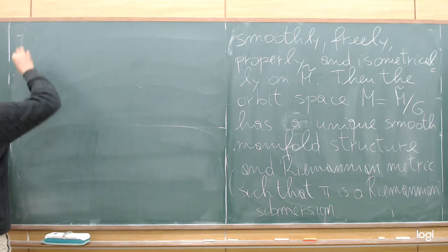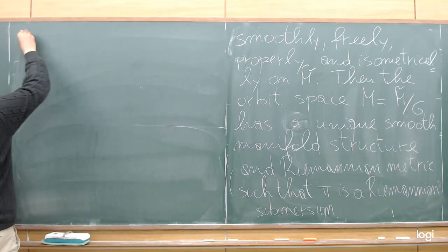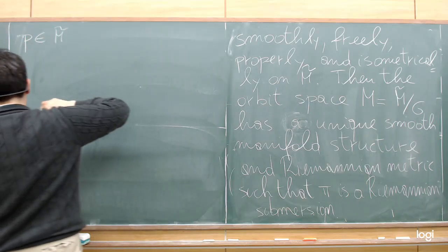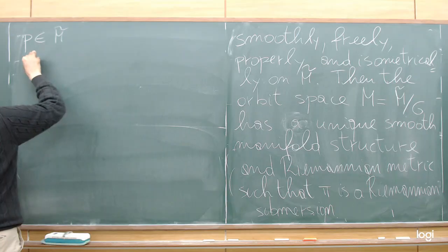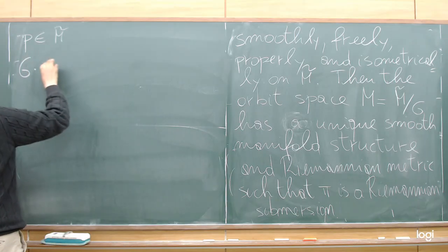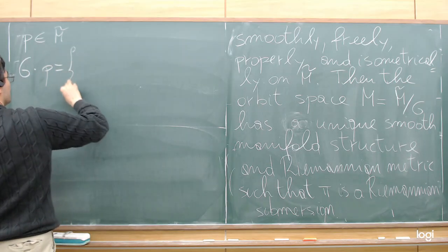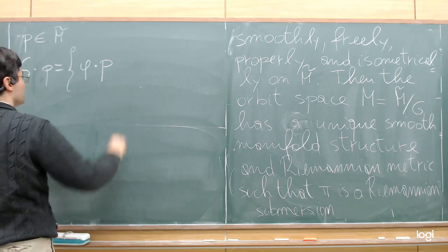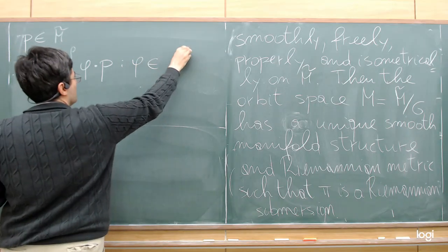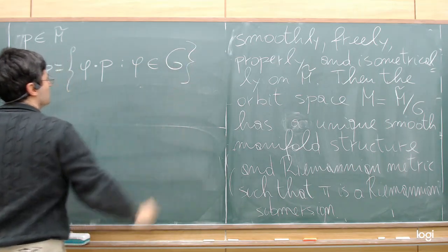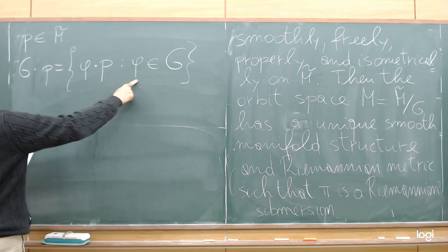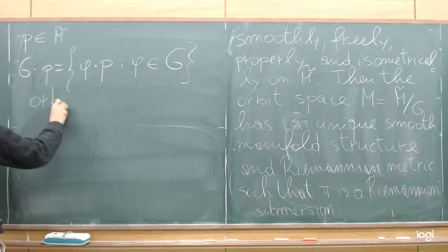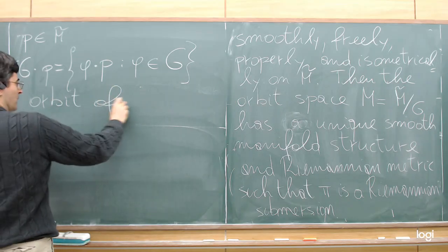So if p is a point of M tilde, G dot p, defined as the set of points given by the image of p under all the elements of G, is what we call the orbit of p.